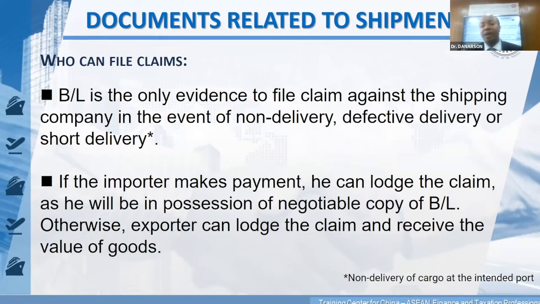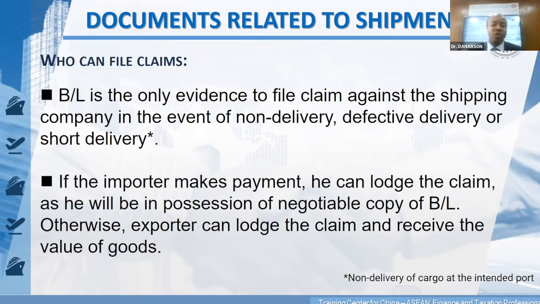Defective delivery, like you are importing glasses, and there are damaged goods, and then you use it also, because in the bill of lading there's a list of things that are intact. It's not like, okay, 5 of the glasses are broken. Nothing is written like that in the bill of lading, so you can claim.